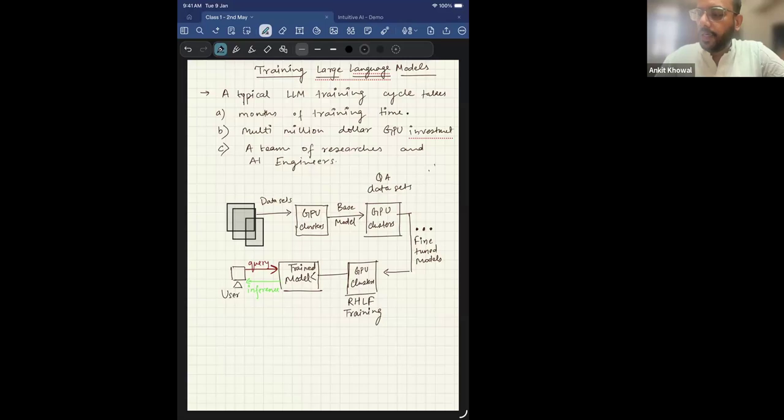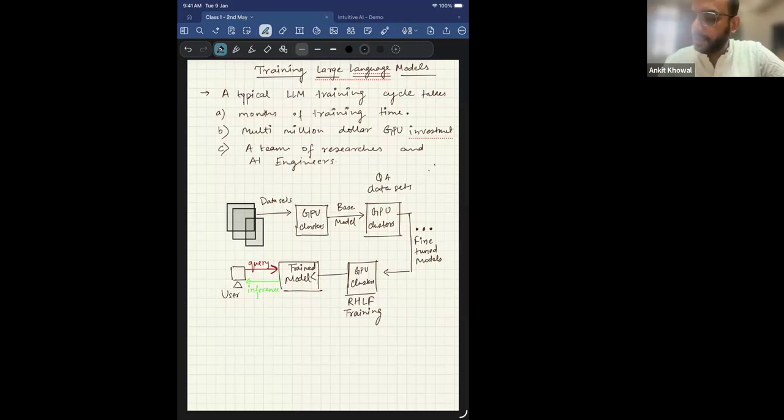We cannot run or train the models on a simple CPU-based system. They need GPUs because they are so large and have so many parameters. So the overall investment is multi-million dollars, it requires huge compute resources like GPUs, and obviously it requires a team of researchers and AI engineers.